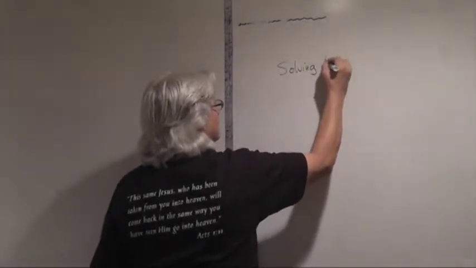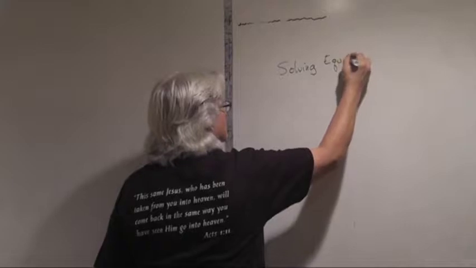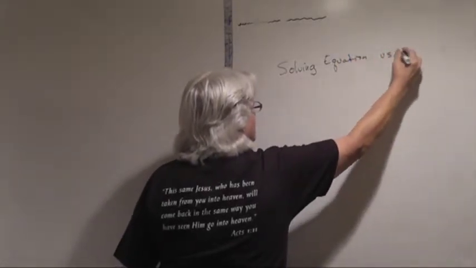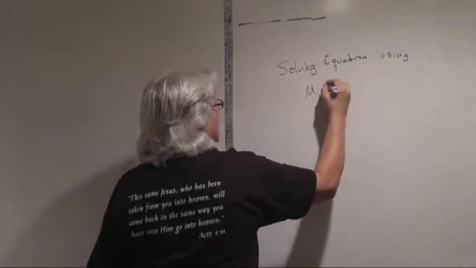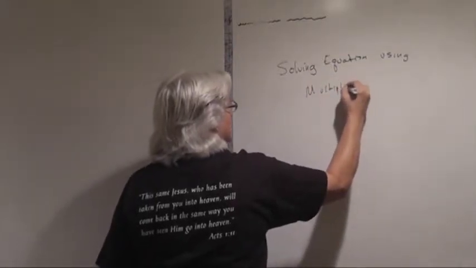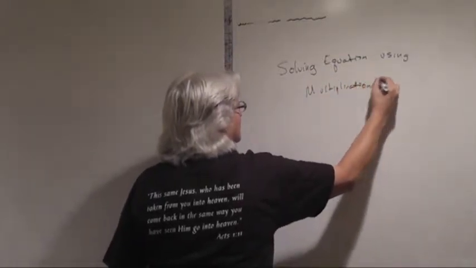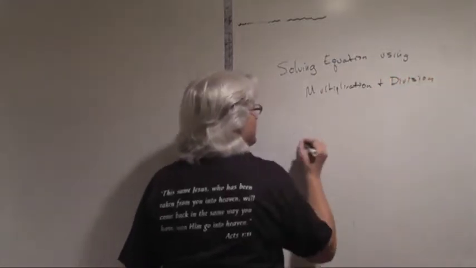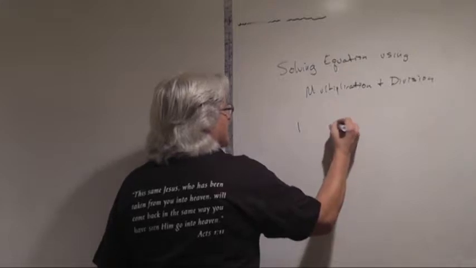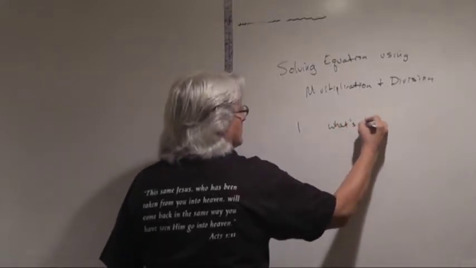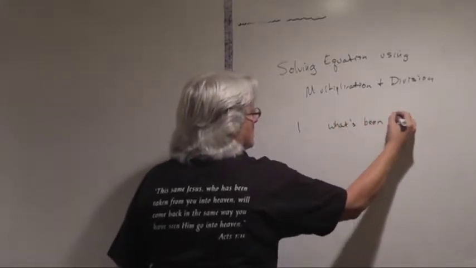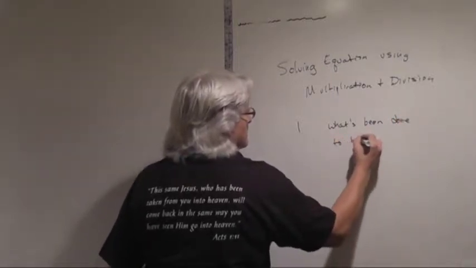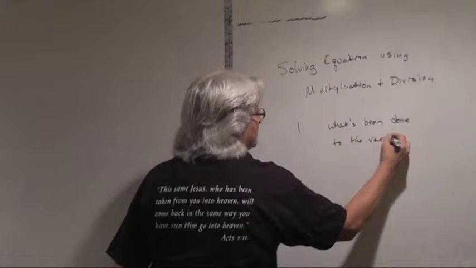So if we have solving equations, using multiplication and division. First, what's happened to the variable? What's been done to the variable?